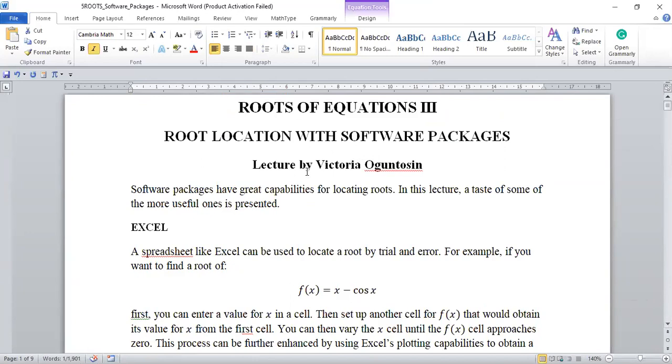I'm summarizing now. We started with the bracketing methods, like the bisection method and the false position method. Let me share my Excel screen.